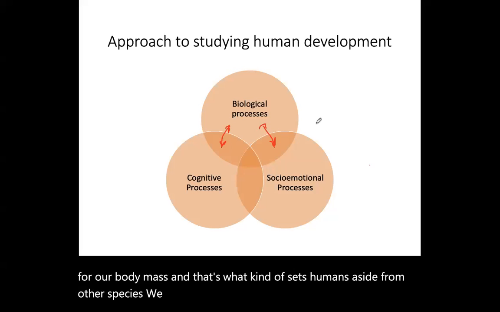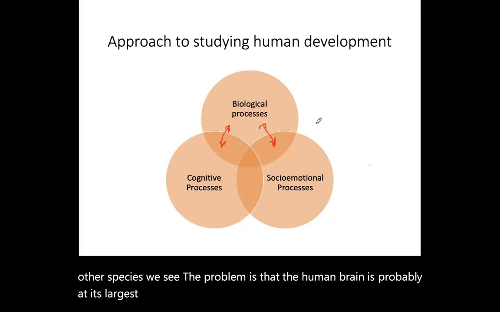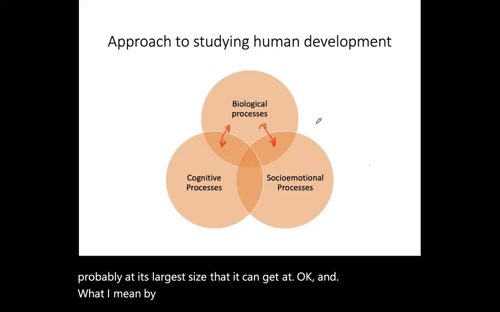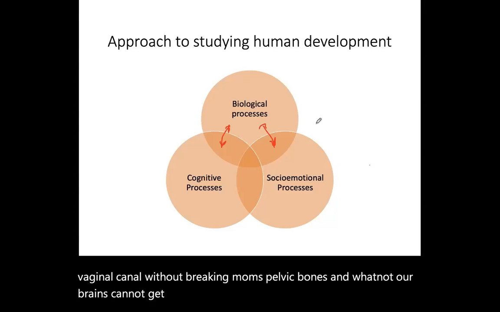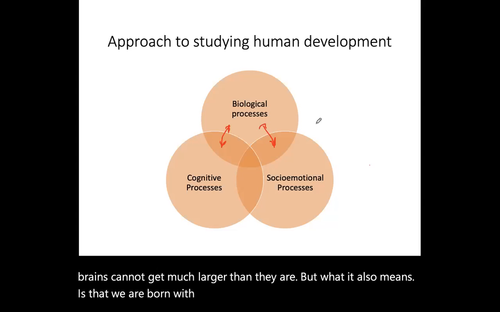The problem is that the human brain is probably at its largest size that it can get, okay? What I mean is that in order for an infant to pass through the vaginal canal without breaking mom's pelvic bones, our brains cannot get much larger than they are. But it also means that we are born with an underdeveloped brain.